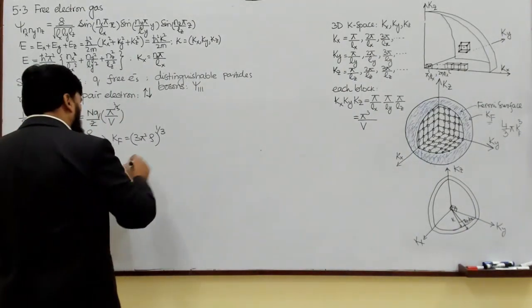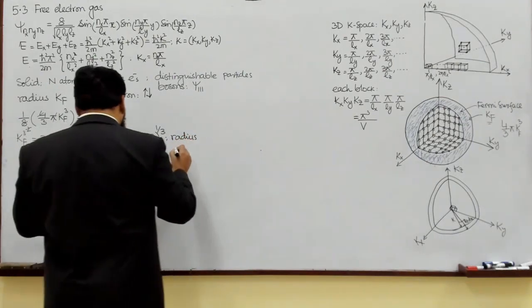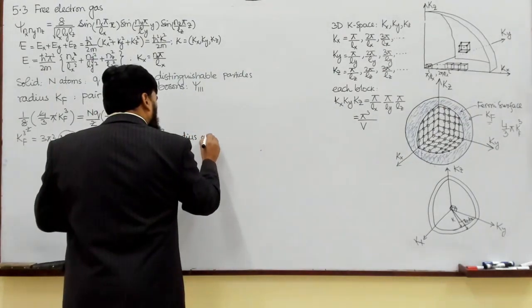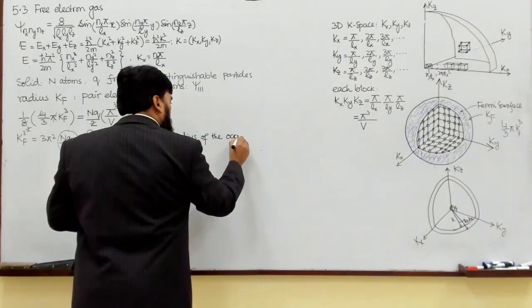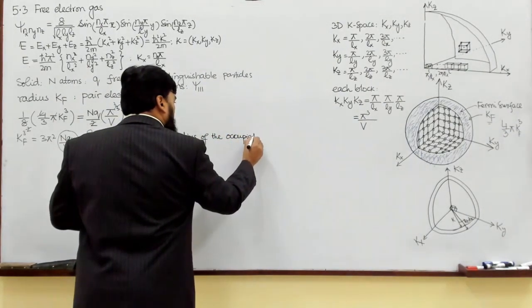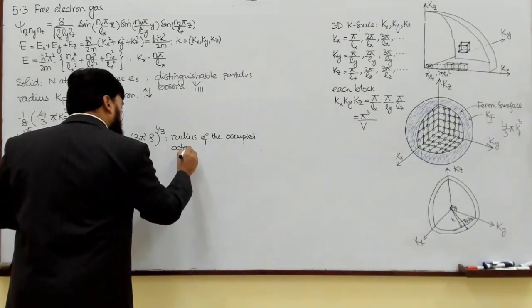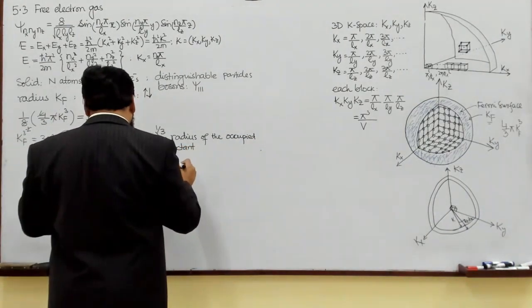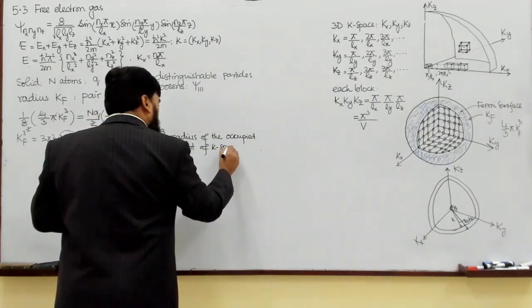I will call this the radius of the occupied octant, 1 over 8 of k space.